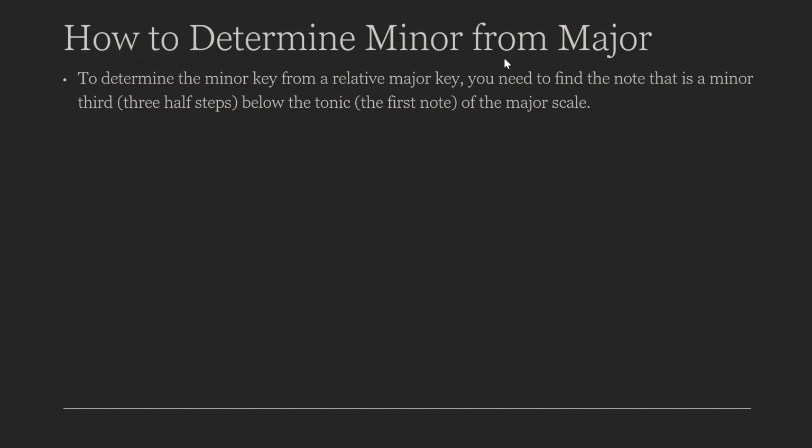What do I mean by minor third? A minor third is 3 semitones, while a major third is 4. Now, 3 half steps below the tonic. And what is the tonic? The first note of the major scale.